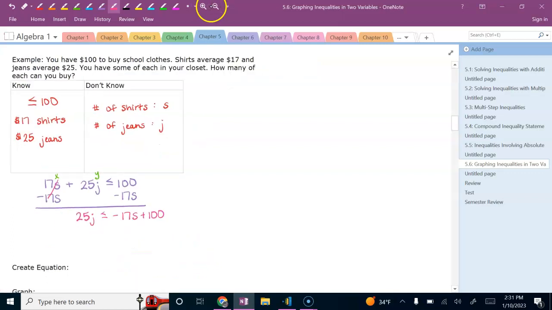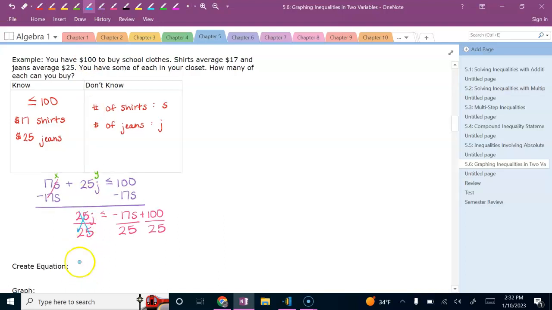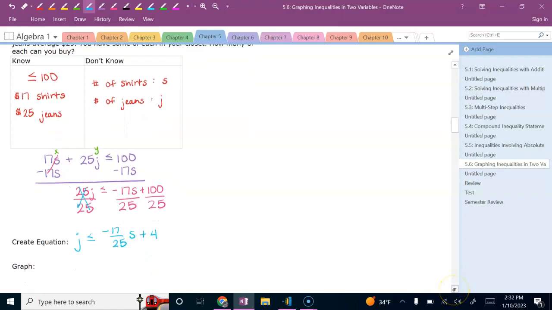And then I'm going to divide by 25. Again, I'm going to divide everything by 25. So my equation is going to say, not Y, J is less than or equal to, I'm going to leave this as a fraction, negative 17 over 25 S plus 4. Now I need to graph it.